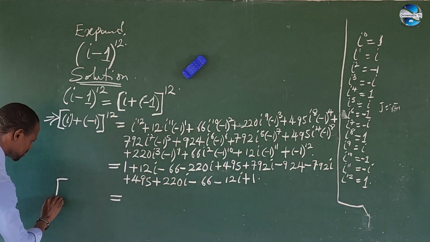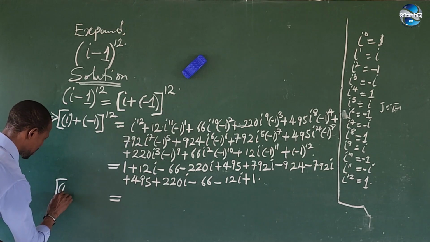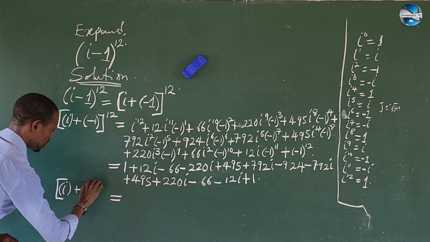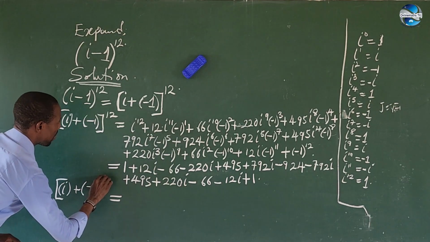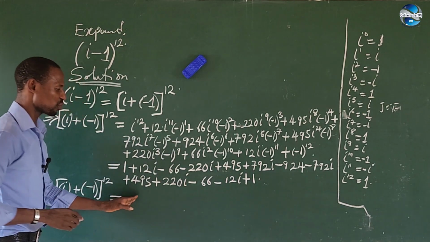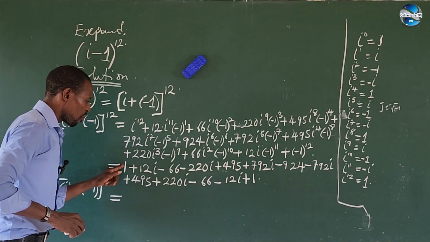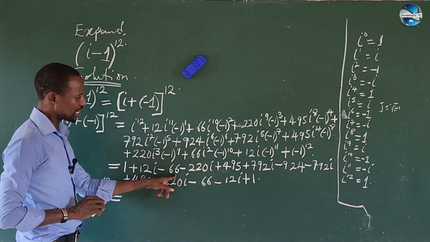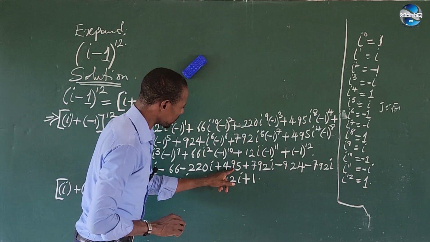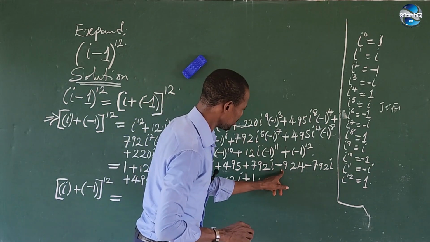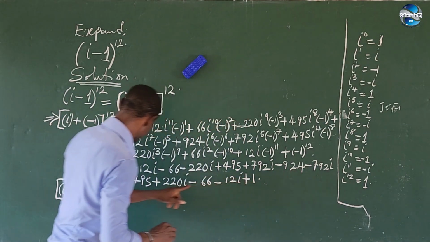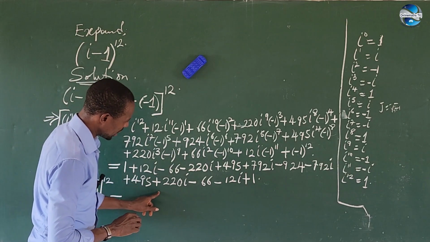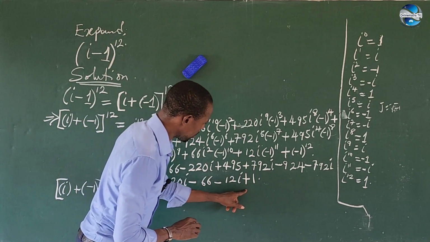So let's bring down the expression, bracket iota plus bracket minus 1 to the power of 12, will now be equal to what? So we have here 1, let's go down, minus 66, plus 495, minus 924, then we shall do one again, plus 495, and minus 66 plus 1.